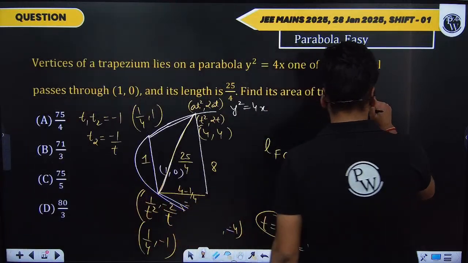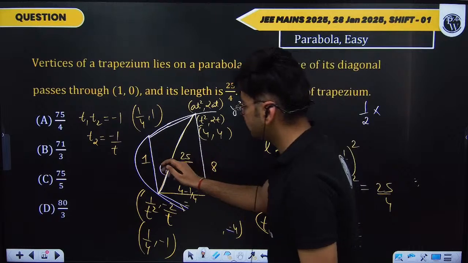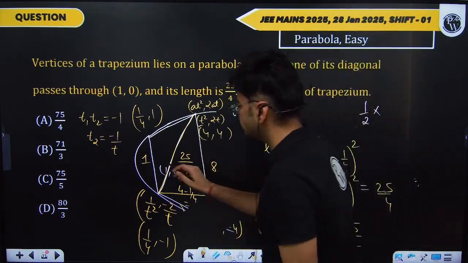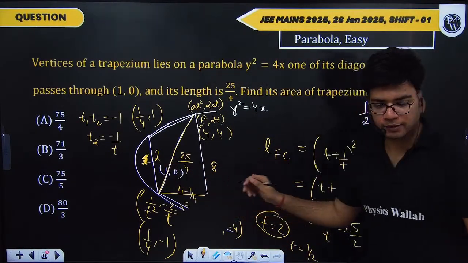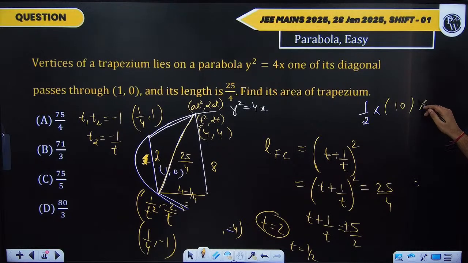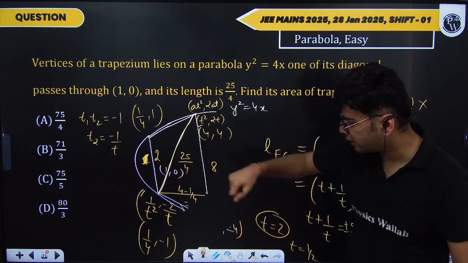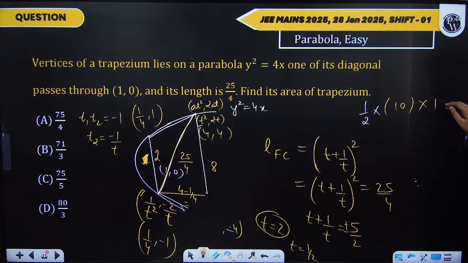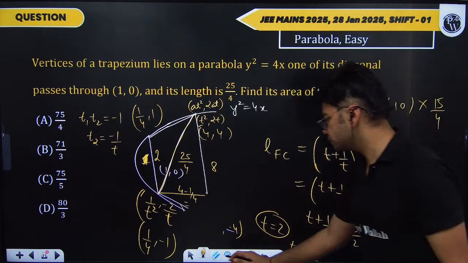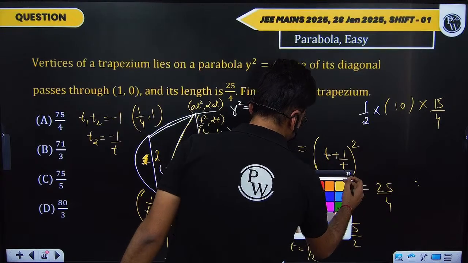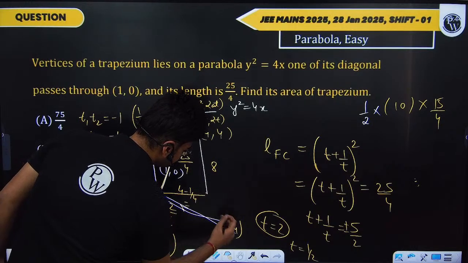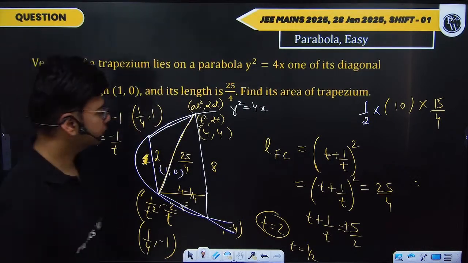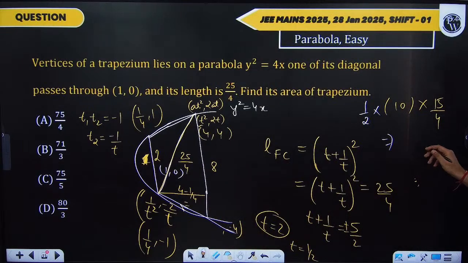So this will become half into this distance is 2, not 1. Half into 2 plus 8, that is 10, into this height, which will be 4 minus 1 by 4, which is 15 by 4. Now your answer will come out as 75 by 4, option A.